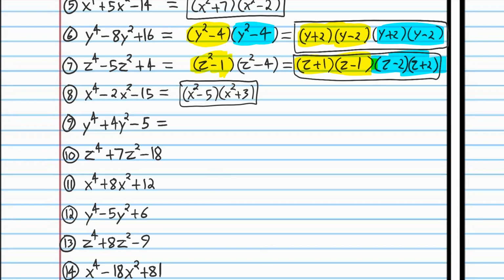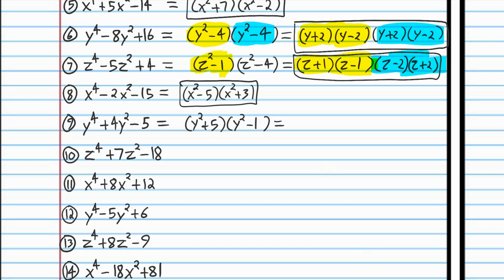All right, we're back. And it looks like we're going to have positive 4 and negative, actually no, that's not correct. It would be positive 5 and negative 1.